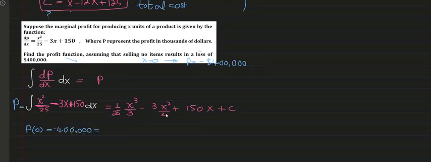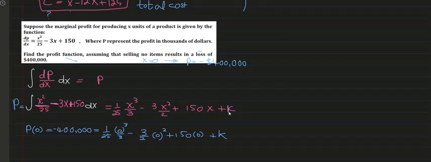The P of 0, okay, we can substitute the x here by 0, right? And then instead of x, we substitute the x by 0. And then we are left with one constant, which we call k here.